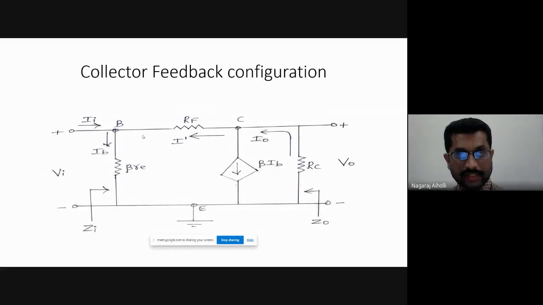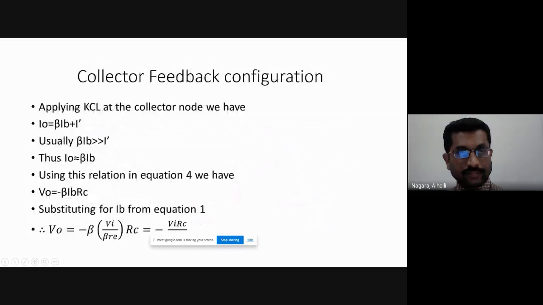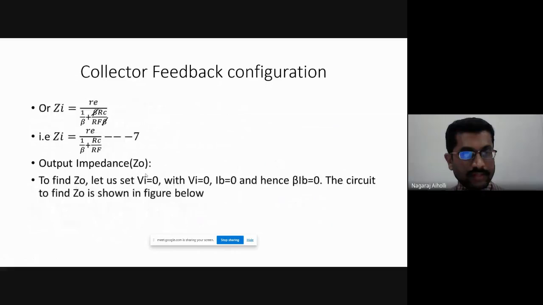It is all in terms of the resistances, and the final equation is in terms of beta, RF, RC, and RE. That is what we got here: Zi is equal to RE divided by 1 upon beta plus RC by RF. That is our equation for the input impedance.